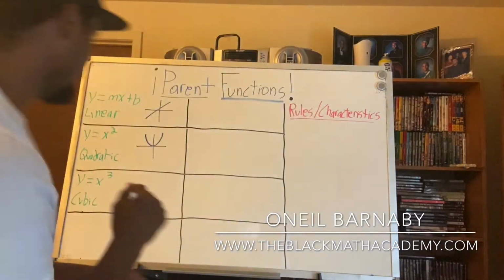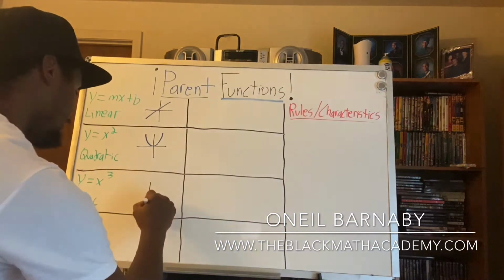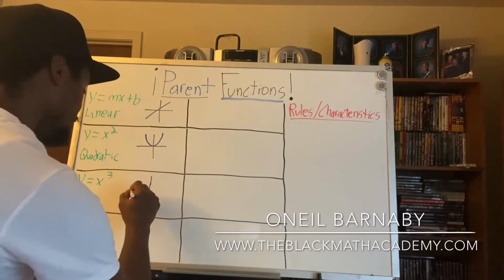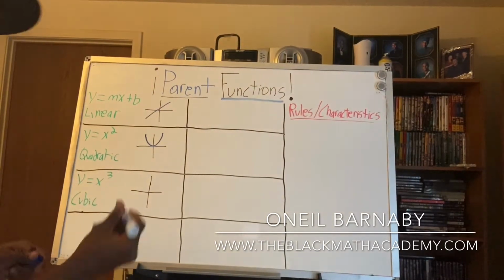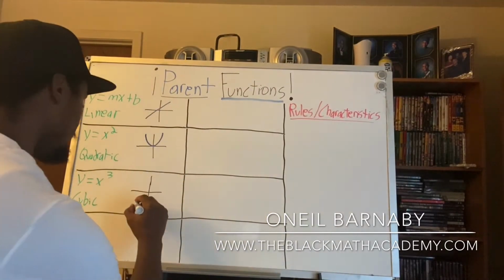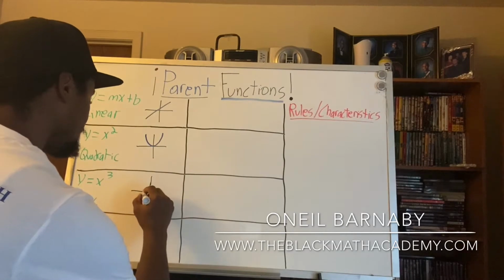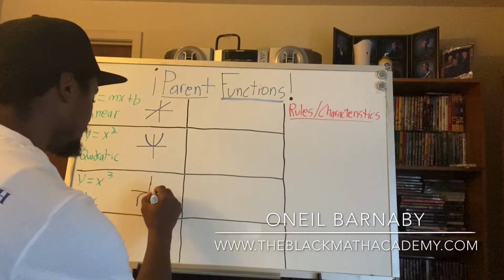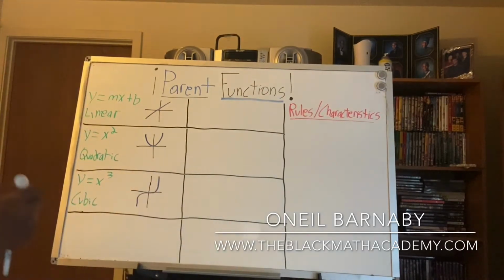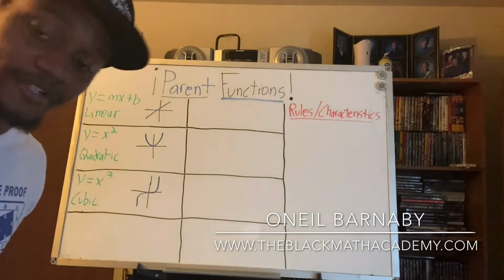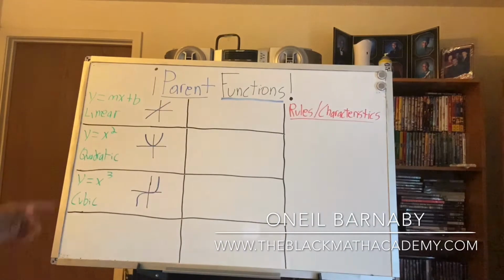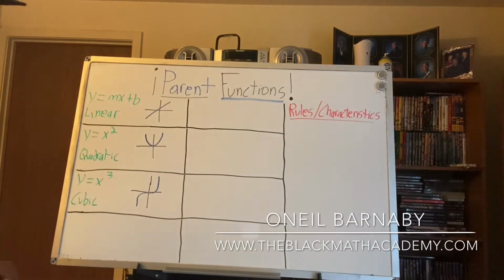It kind of winds a bit. So when you graph that type of function, it starts to come up closer to the origin, curves a bit, and then goes back up in that fashion. So it kind of sidewinds a bit, like a rattlesnake or something. All right, so y equals x cubed is a cubic function.